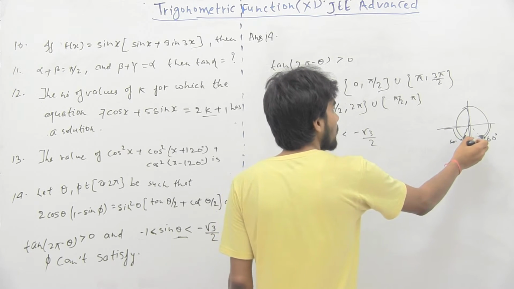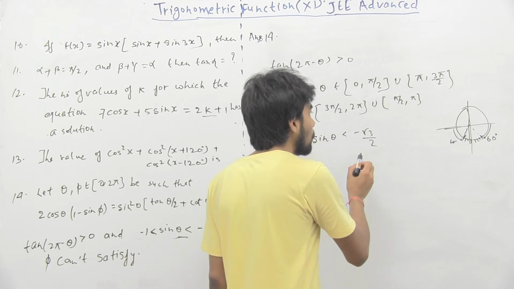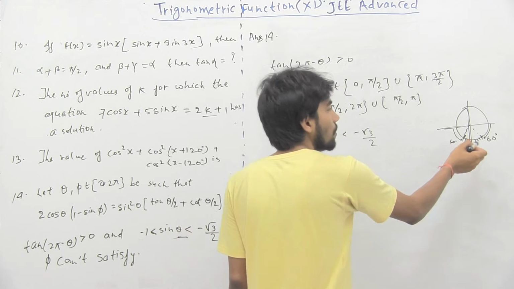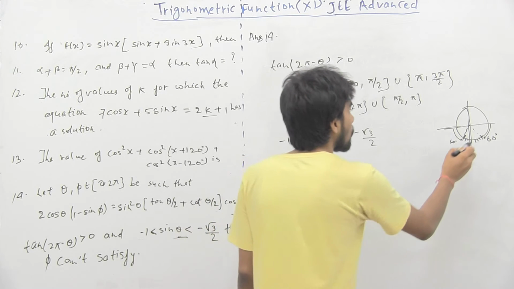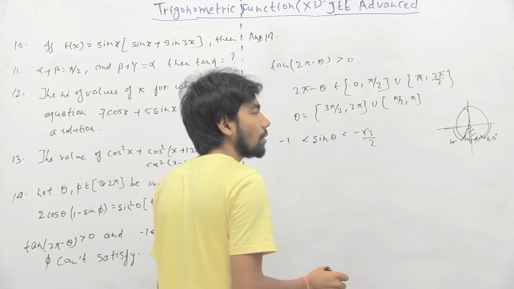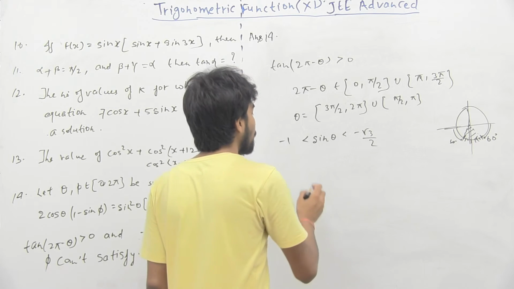So sin(−60 degrees) equals root 3 by 2, and similarly we can see the symmetry here. So only this region is the solution between 0 to 2π.